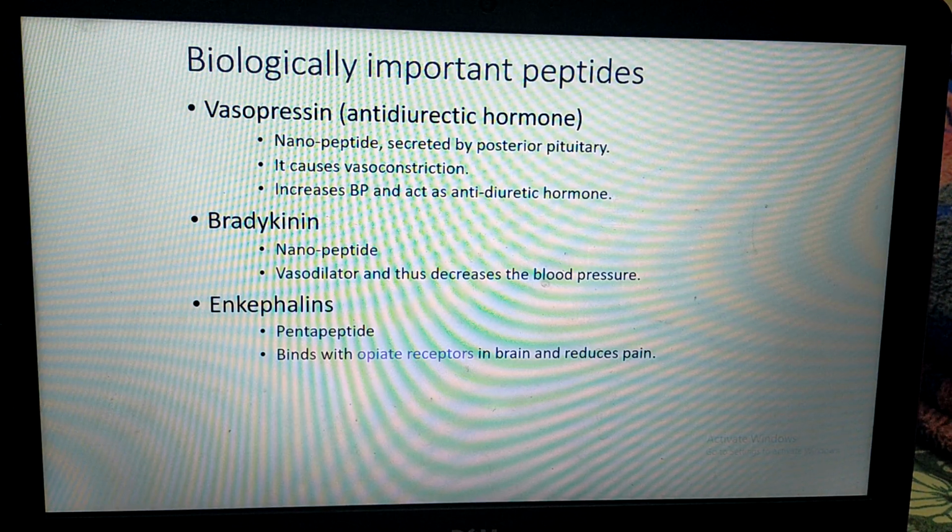The function of opiate receptors in the brain is to perceive the pain sensations which are coming from the periphery through the nerves. But when these enkephalins bind with these opiate receptors, the pain sensations are not received by them and our pain sensitivity decreases. Therefore, our pain reduces.